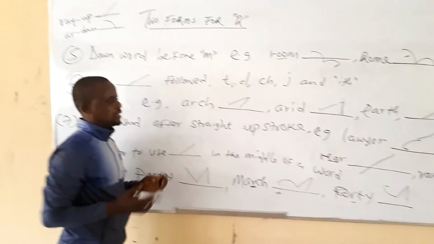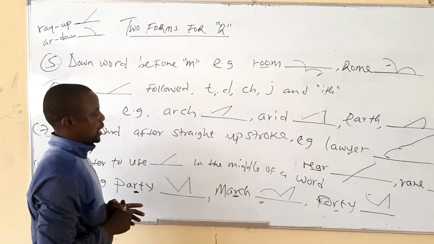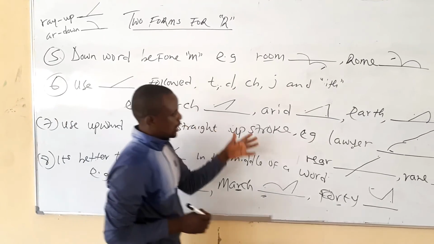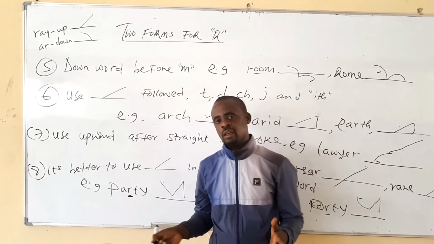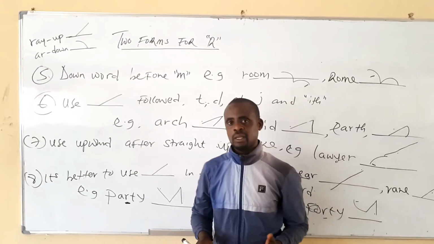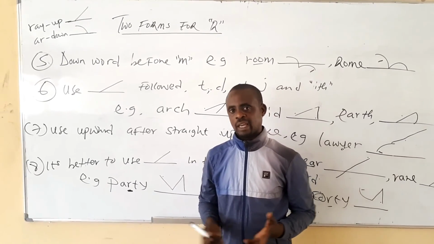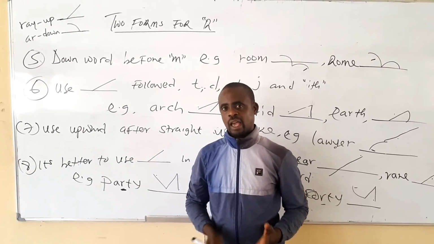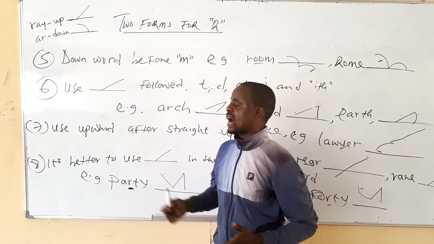So there are so many examples to be considered about the two forms for R. That is why we say it has so many principles, about 8 principles. Before writing any outlines, we had better pay attention: which am I going to use, upward R or downward R?